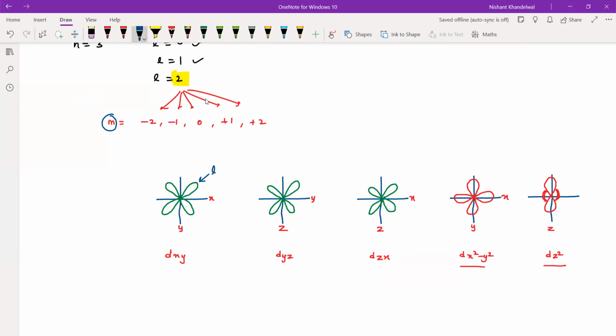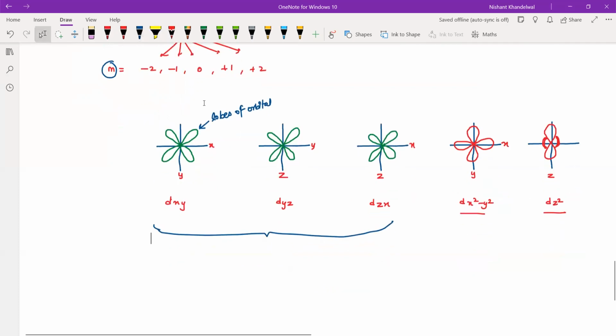See, these are the lobes of the orbital. In these three cases, the earlier three cases, the lobes of the orbital are in between the axes, like this one is between X and Y, not lying on the axes.